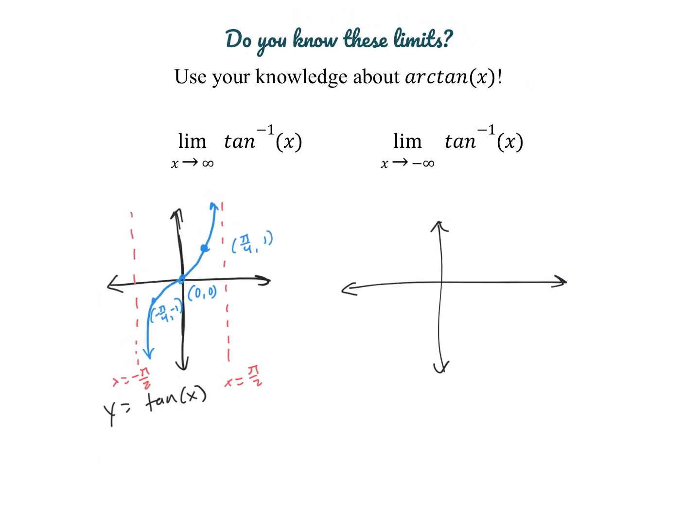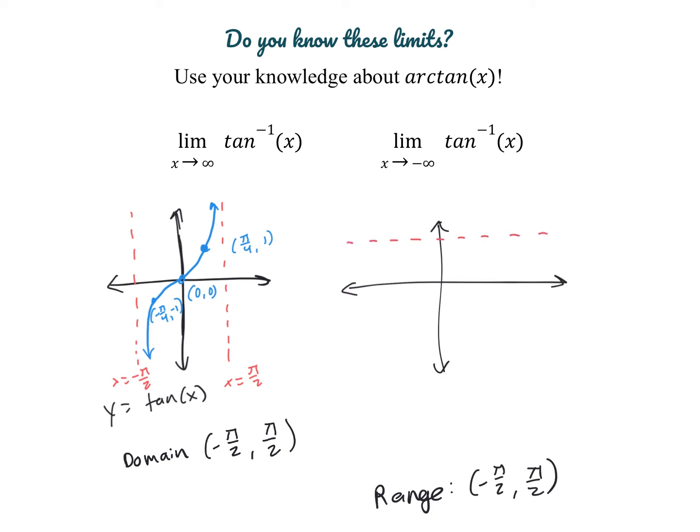So if the domain is restricted to negative pi over 2 and pi over 2, that means that the range of our inverse function becomes that. Remember, for inverse functions, domain and range are flipped. So since that would be our domain, that's our range, that means that we have something like this.